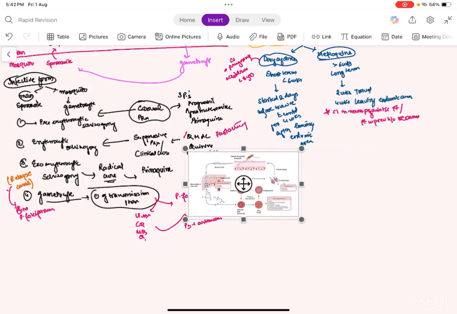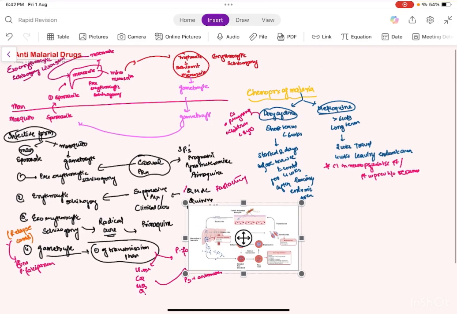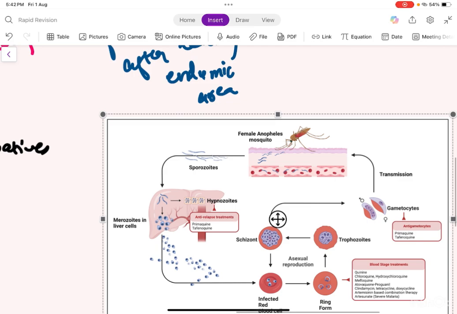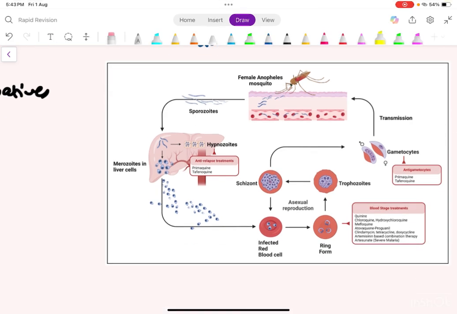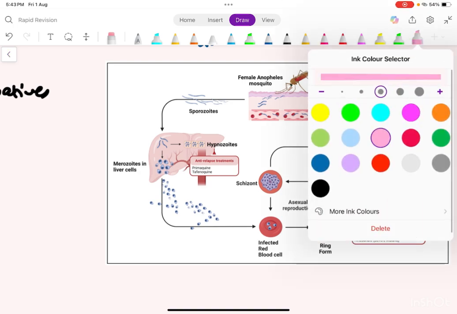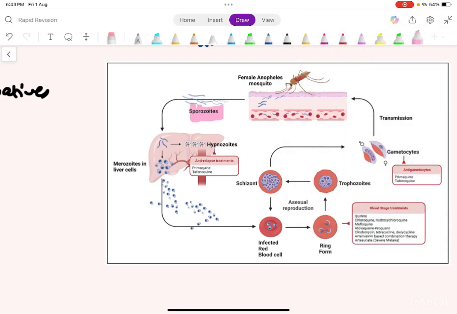As I told you, the female Anopheles mosquito is responsible for malaria. First of all, we have sporozoites. They go into the liver and are converted into merozoites.